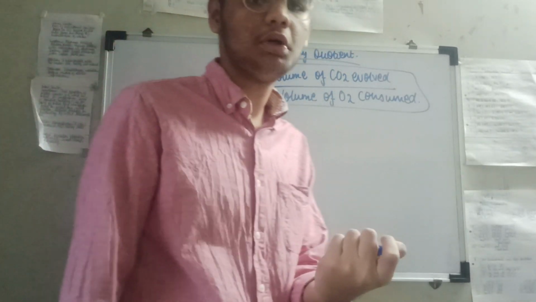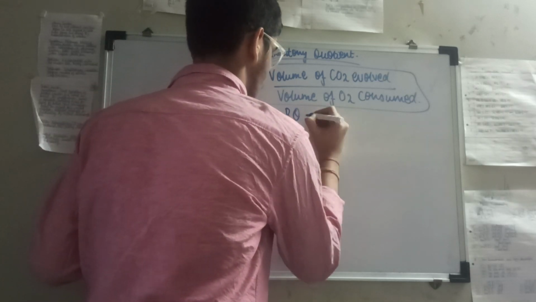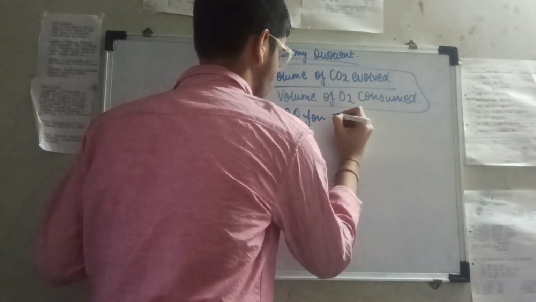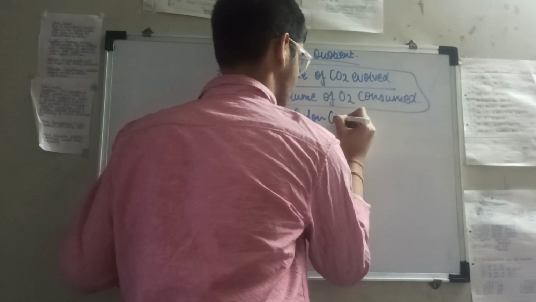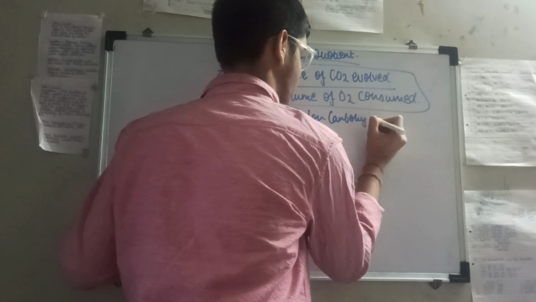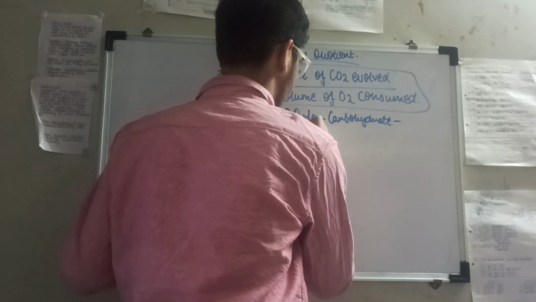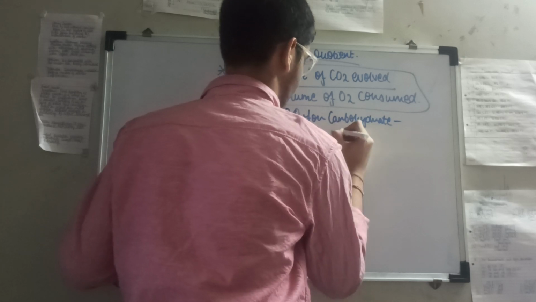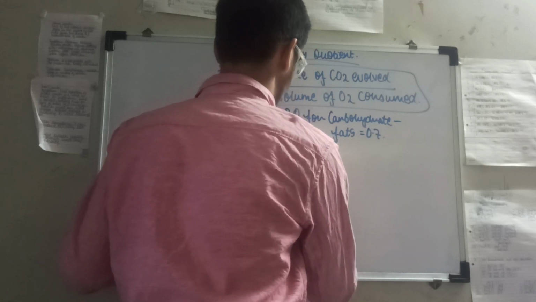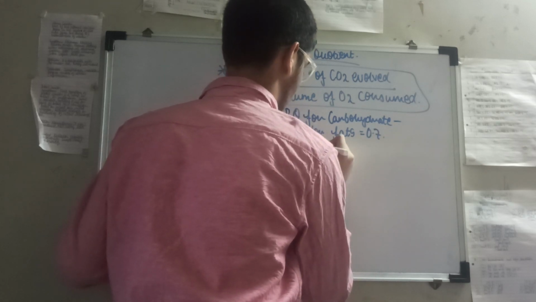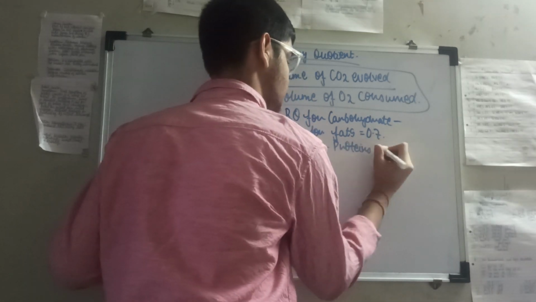You have to remember certain RQ values. RQ for carbohydrates, glucose, should be 1 because from the reaction we are getting that. For carbohydrates it's 1. RQ for fats is approximately 0.7. RQ for proteins is 0.9.